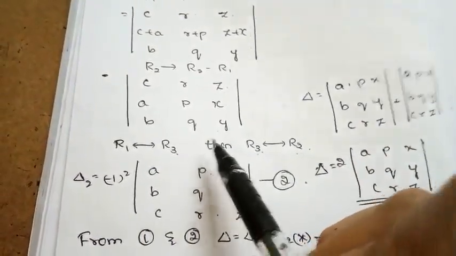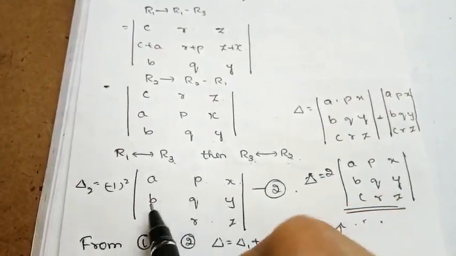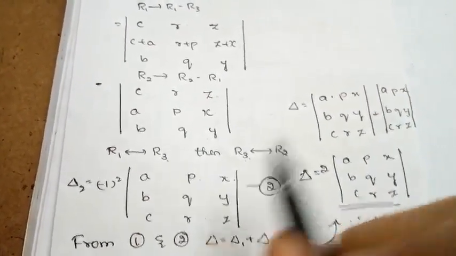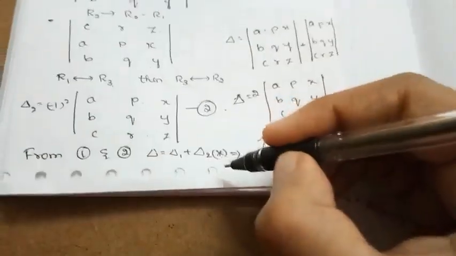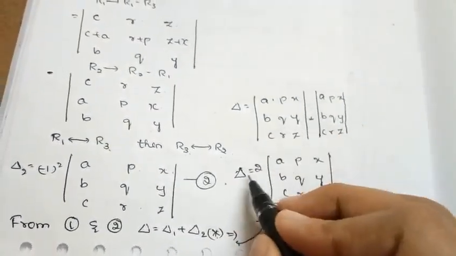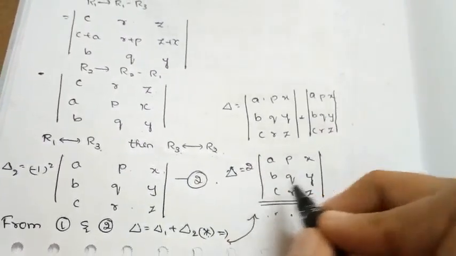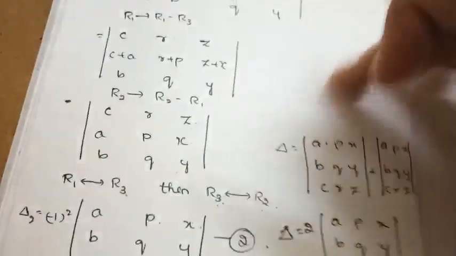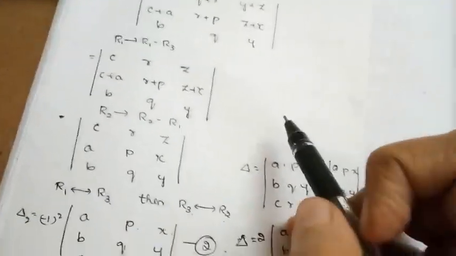Now you can see that delta 1 value is the same, and delta 2 value is also the same. So 2 times the same, delta is 2 times APX, BQY and CRZ, which is nothing but our RHS. Hence we have proved that LHS is equal to RHS without expanding.